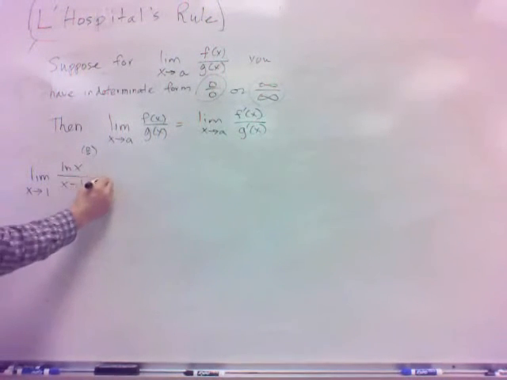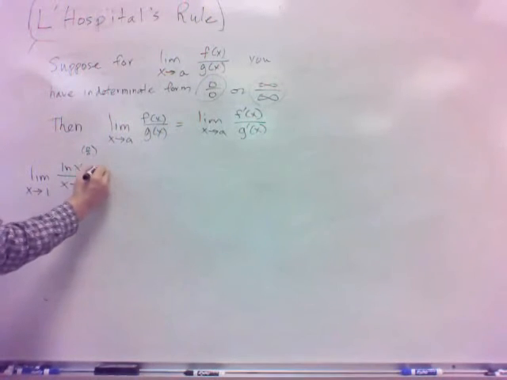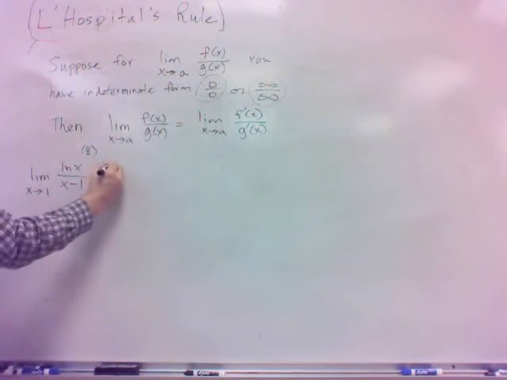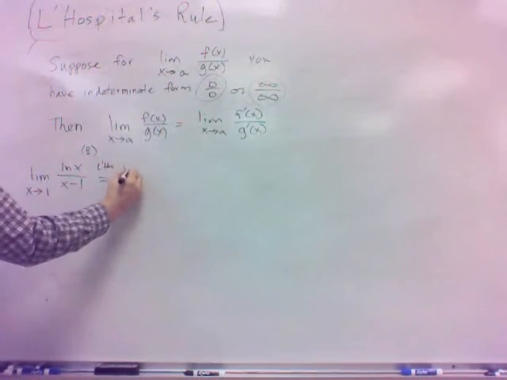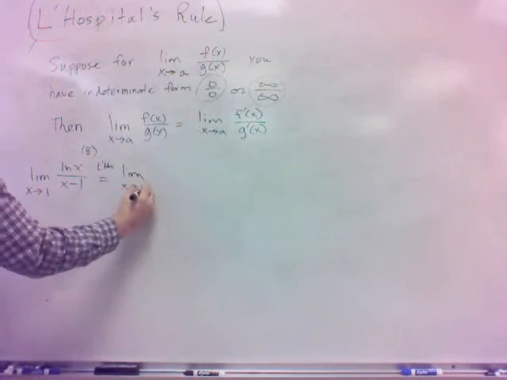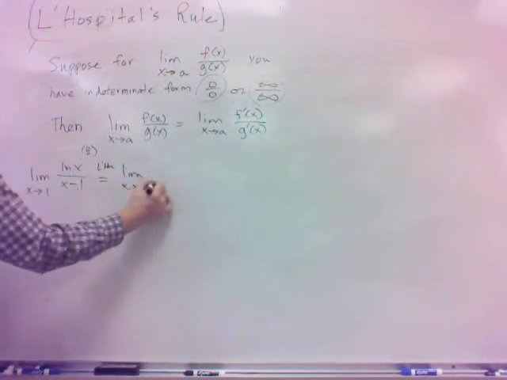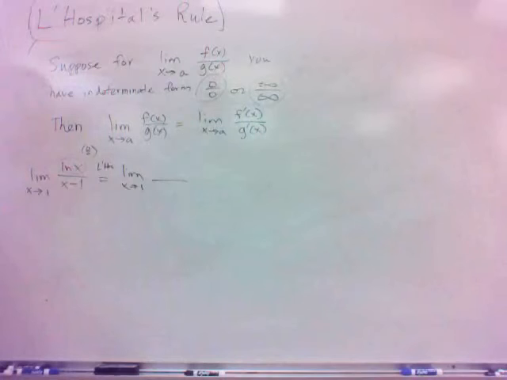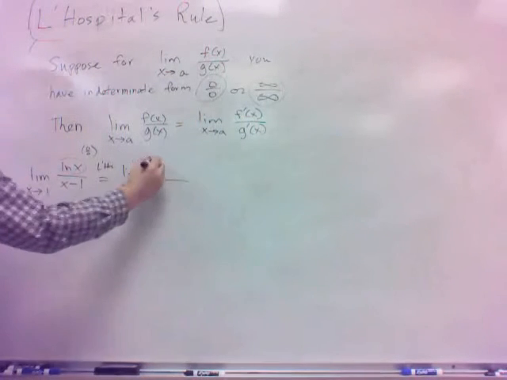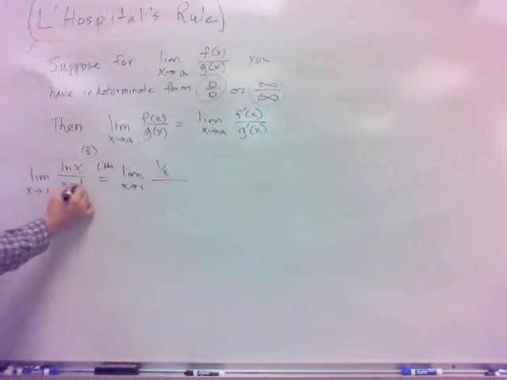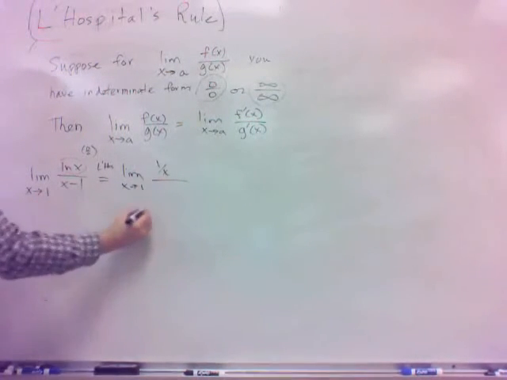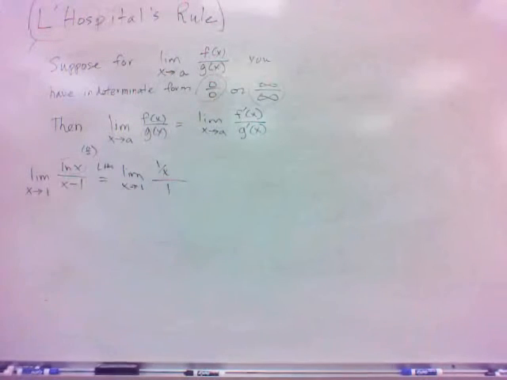And so what this means is I can now, by L'Hopital, take the limit as x approaches 1, instead of ln of x over x minus 1, I'm going to take the derivative of ln of x, which is 1 over x, and the derivative of x minus 1, which is 1. I'm going to do that new limit right there.